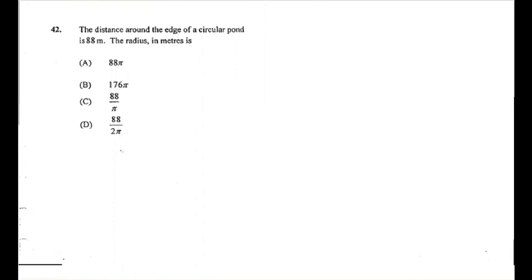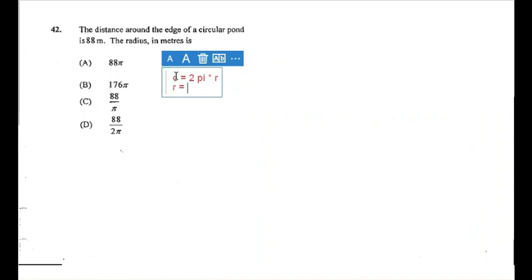So 42. The distance around the edge of a circular pond is 88 centimeter. The radius is, so our formula for circumference: circumference is equal to 2 pi r, and r is radius. So the question gave us the circumference and we're looking for the radius. So we're going to transpose the formula to make radius the subject.